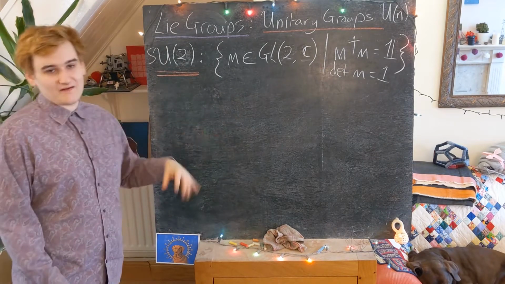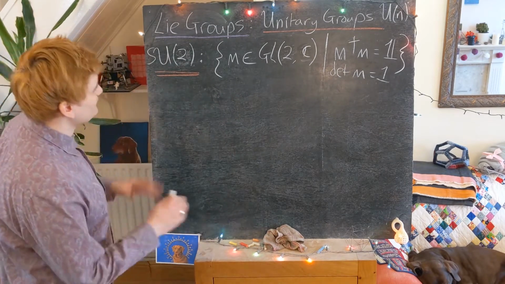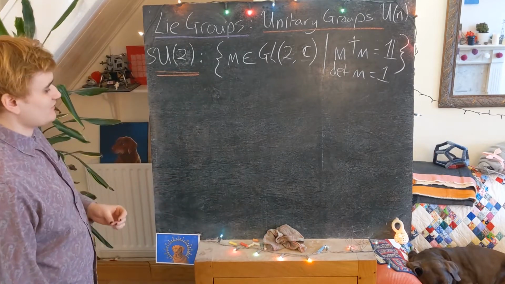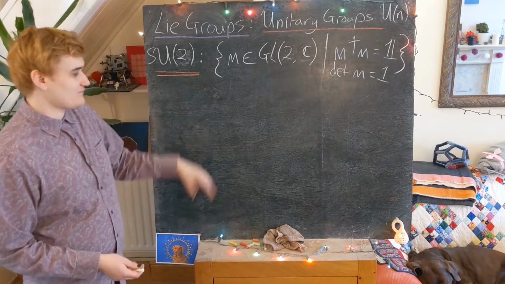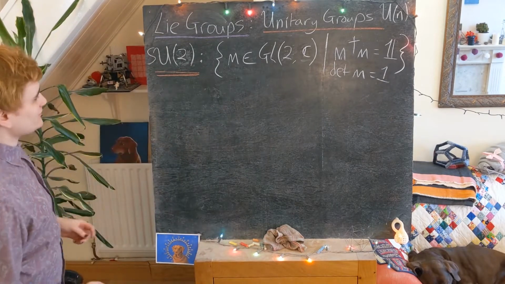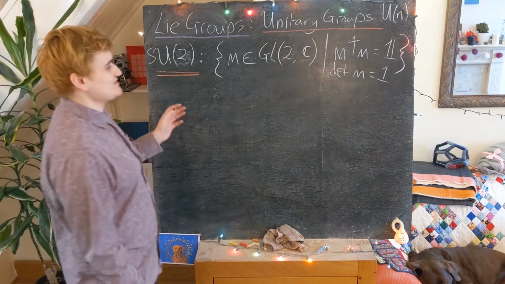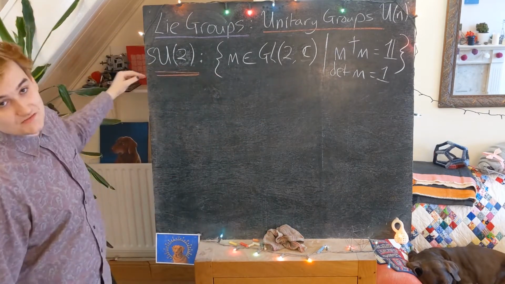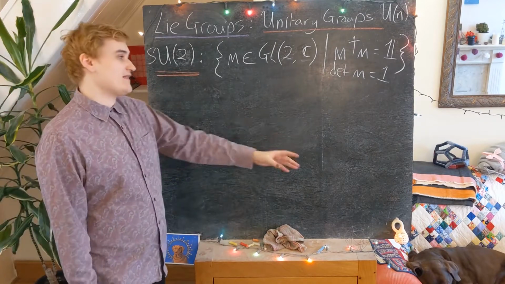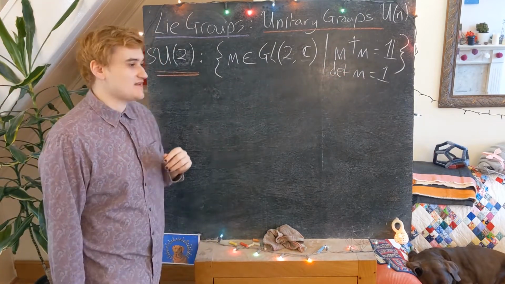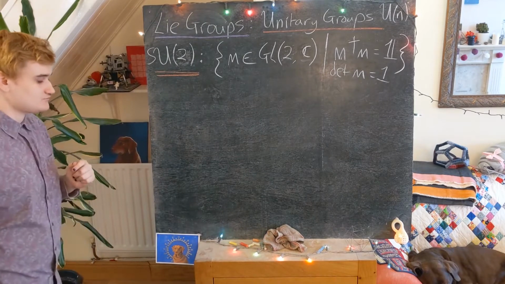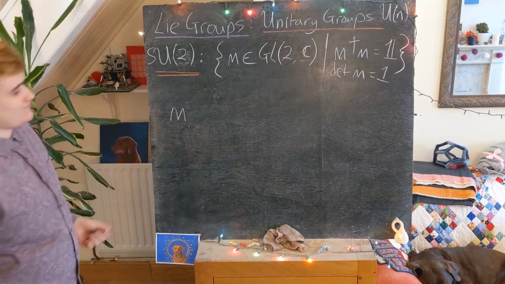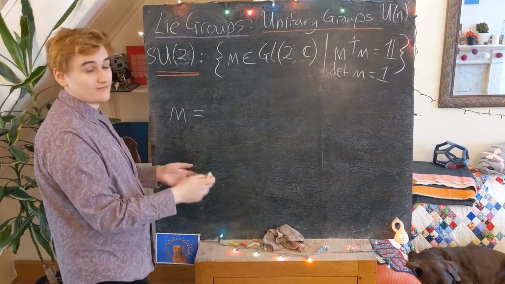But rather than plugging and chugging through all that quite nasty algebra, it really is just algebra, and it's probably too confusing to do on the board, but I would encourage you to have a go yourself. What I'm going to instead do is just postulate the form that our SU2 matrix is going to have, and then we're just going to check that it does satisfy these requirements. So I'm just now going to postulate our matrix M is going to have the following form.